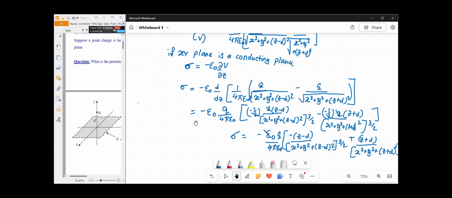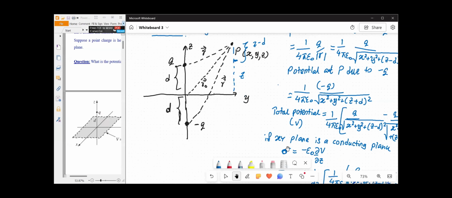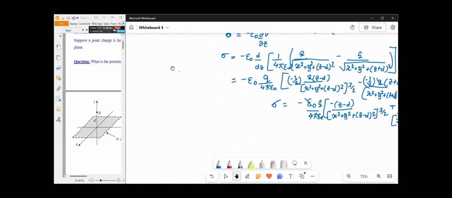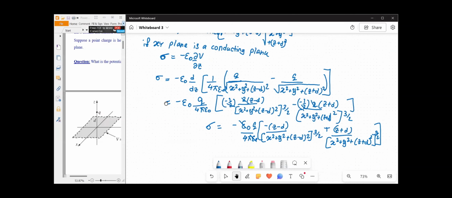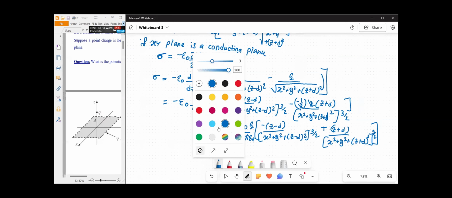This charge density is only going to reside on the xy plane. Our assumption is that the xy plane is a conducting plane, so xy plane means z is equal to 0. Therefore, for the charge density on this plane, we need to consider z equal to 0.